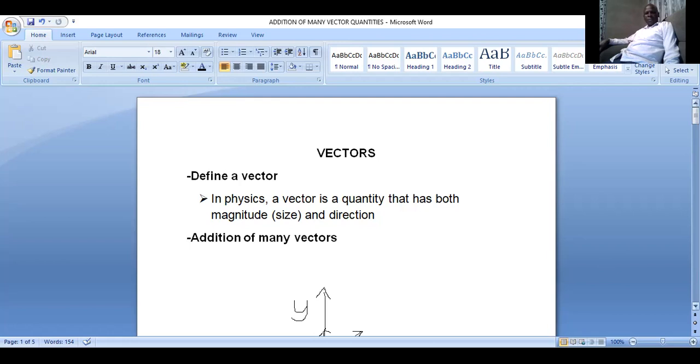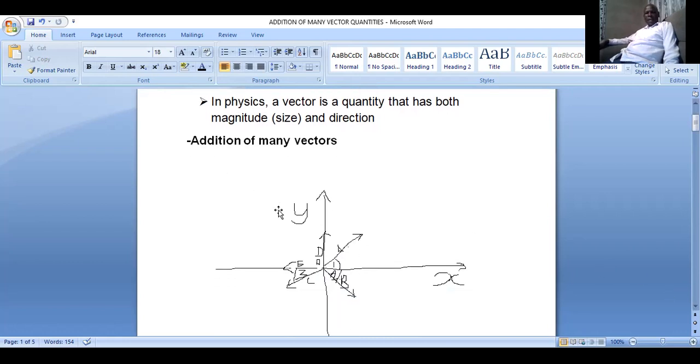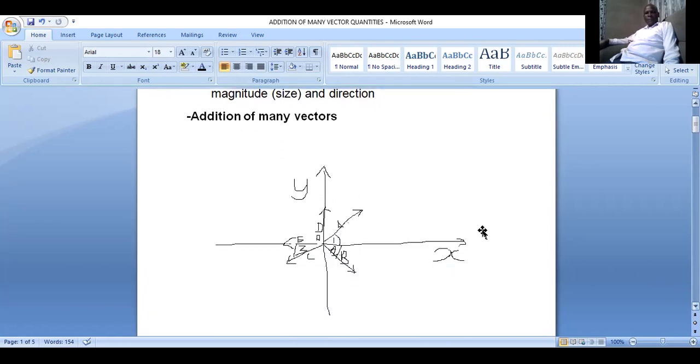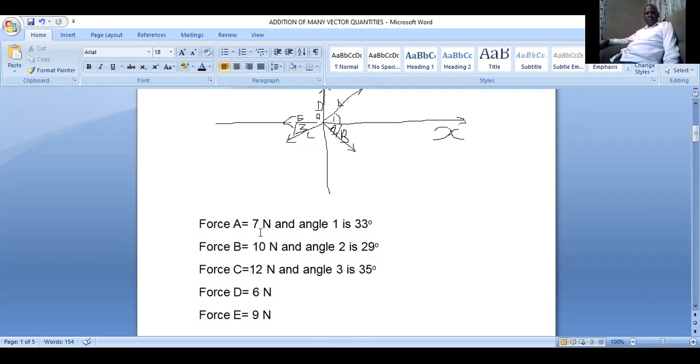It's important that we have concepts relating to the addition of vectors oriented at different angles. I've given a diagram here showing forces, about 5 of them: force A, force B, force C, force D, and force E. Force A is 7 newtons, and the angle to the x-axis is 33 degrees.